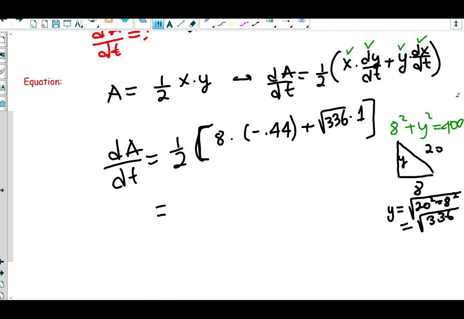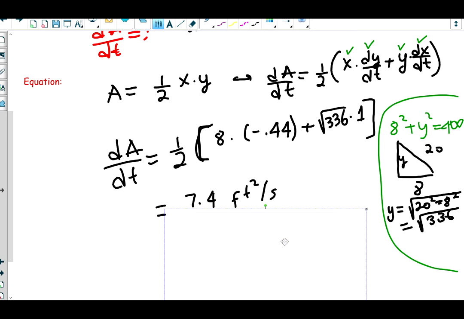If you put all of those quantities into your equation and simplify, please verify this on your calculator, you will get dA/dt approximately 7.4, and the units for area would be square units, so square feet per second.